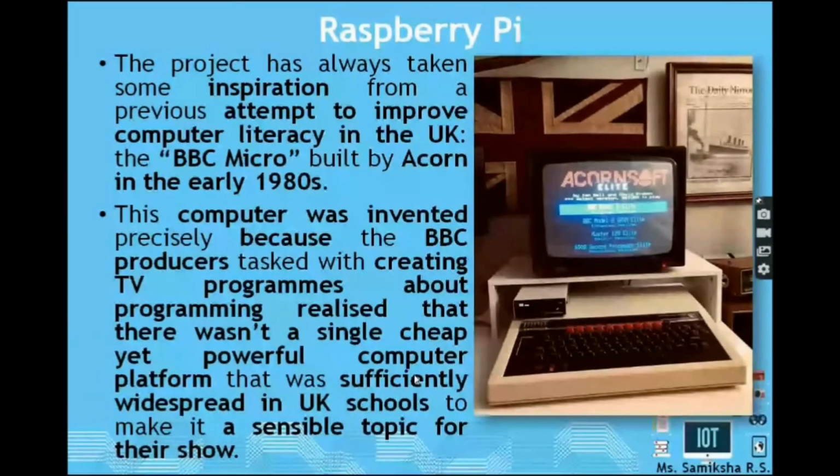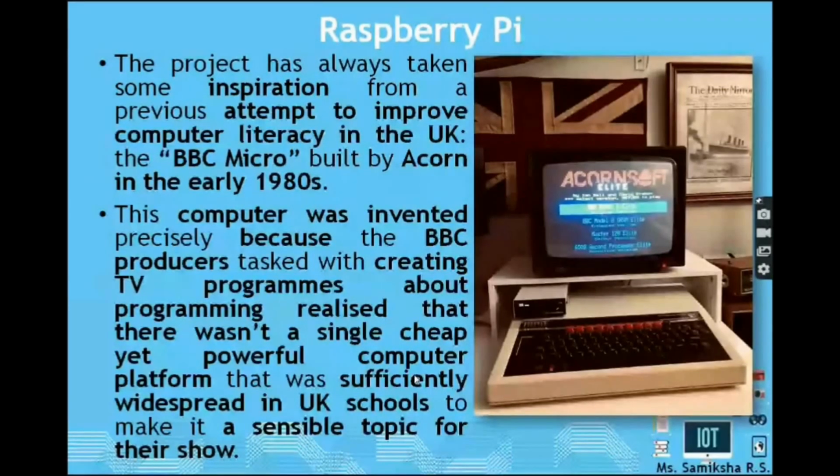So this computer was invented because BBC producers had to make a TV program. And that TV program was all about showing how computer literacy is growing, degrading, whatever was the scenario in UK. And when they were about to program this particular aspect, they realized that there is not a single powerful computer platform which is cheap enough existing in the market.